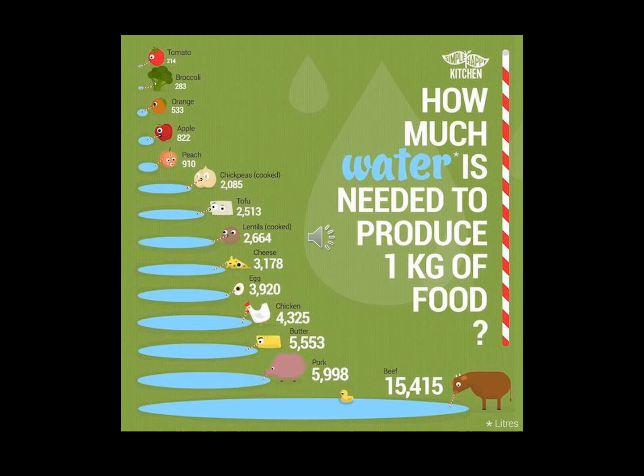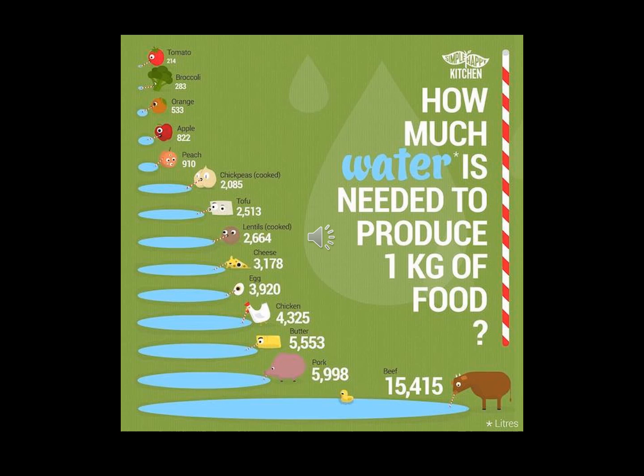Here's a nice little diagram showing you how much water is actually needed to produce 1 kilogram of food. It varies with the type of food that you're growing, of course. If you're trying to raise beef, it's going to take a lot more water than it will to raise 1 kilogram of tomato food instead of beef.